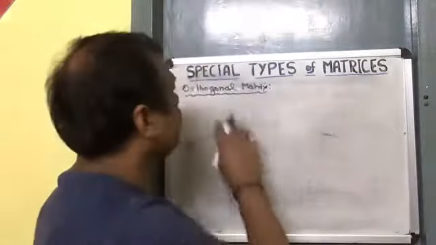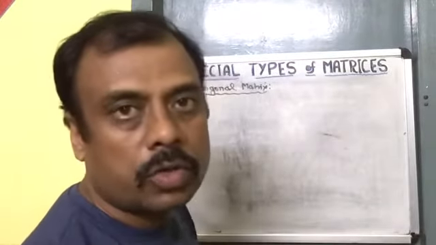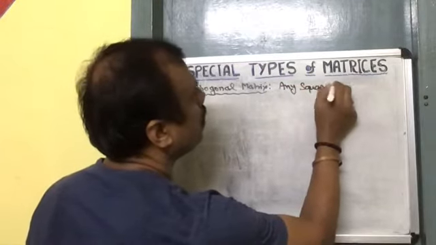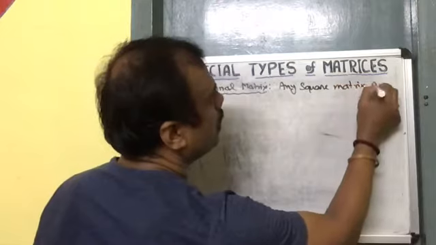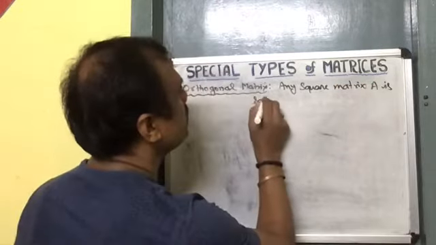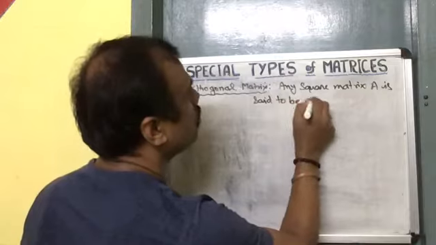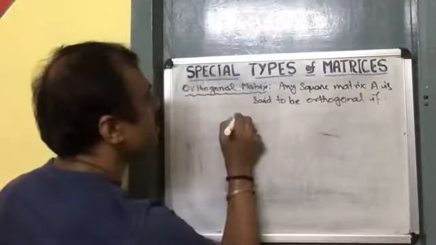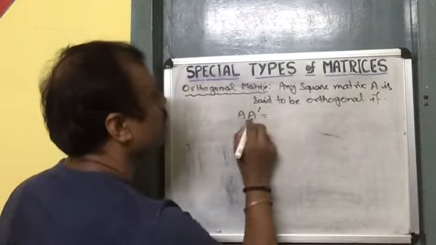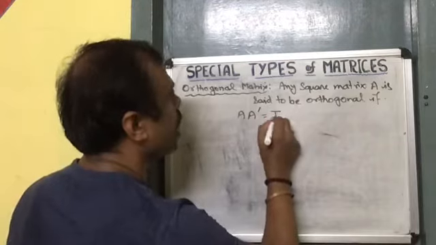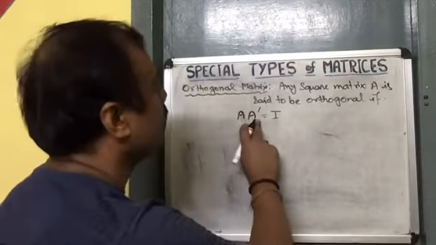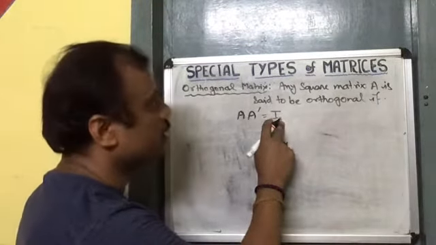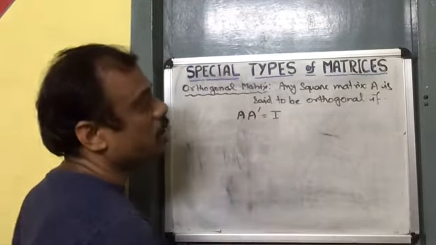Let us discuss another very important type of matrix, that is orthogonal matrix. Any square matrix A is said to be orthogonal if AA dash equals to I. Means product of A and the transpose of its matrix is I. In that case, this A is called orthogonal.